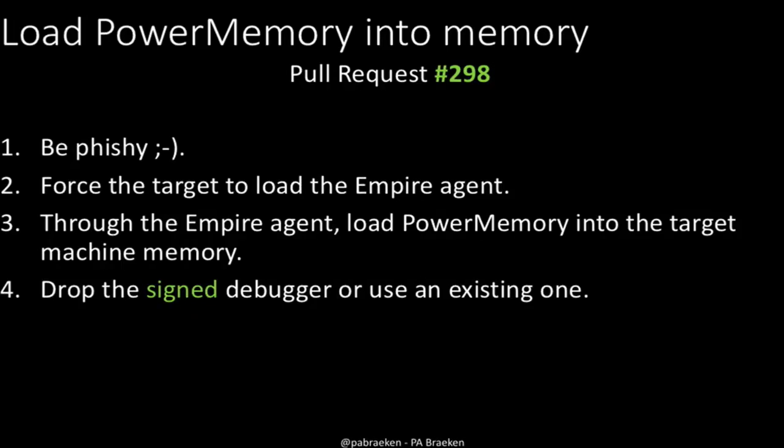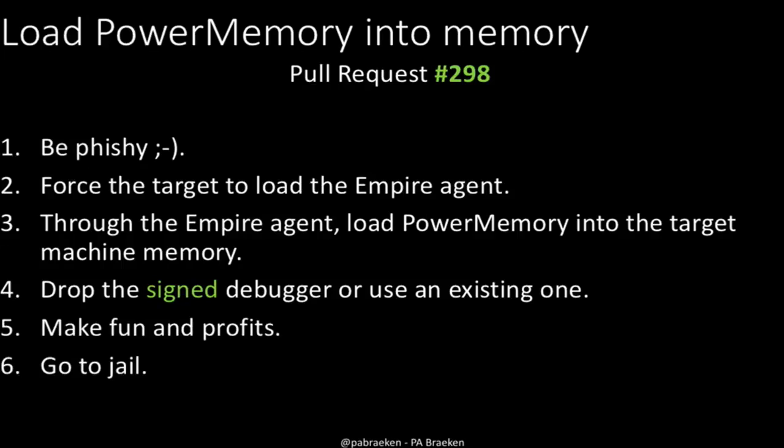So if some advanced endpoint detection and response tools try to find you because you call some Windows API, they won't be able to find your stuff, and then you have fun and profits, and then you go to jail.